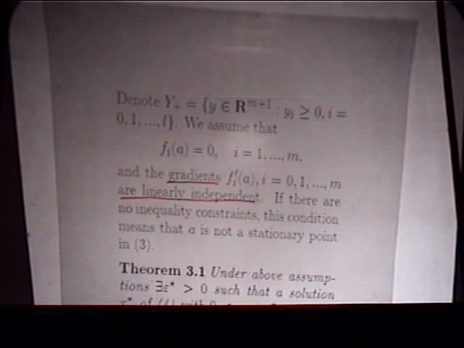So what does this assumption mean? For instance, if we have just equality constraints, this just means that the point A is not a solution of the original problem without this extra constraint.